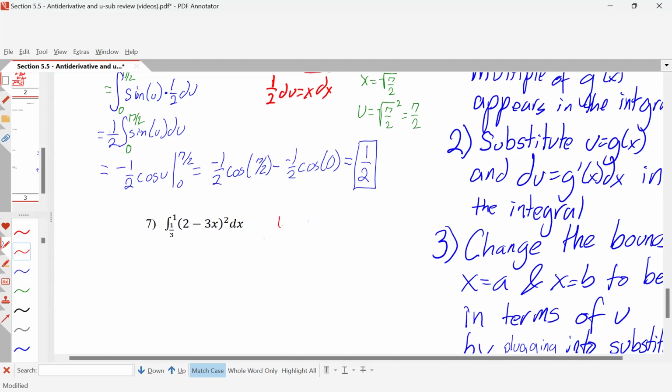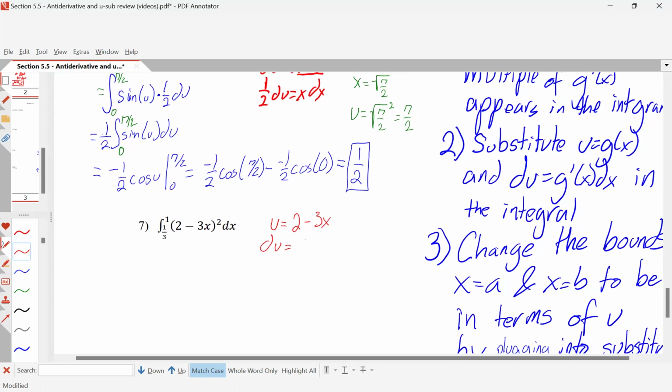So what we will make u is that inside function, 2 minus 3x, and du is going to become negative 3 dx, or negative 1/3 du is dx. So making the substitution, we get u squared times negative 1/3 du.